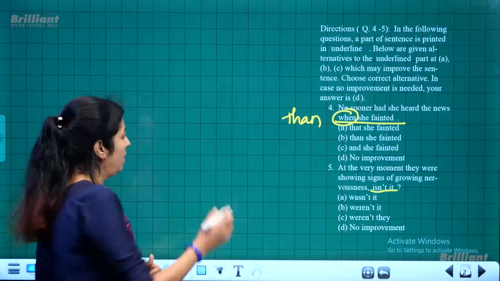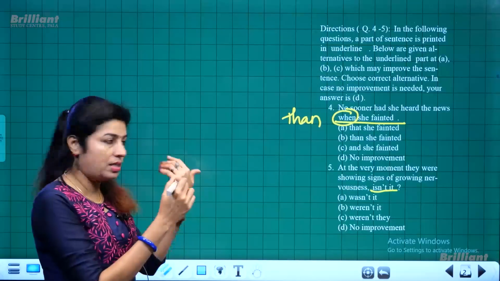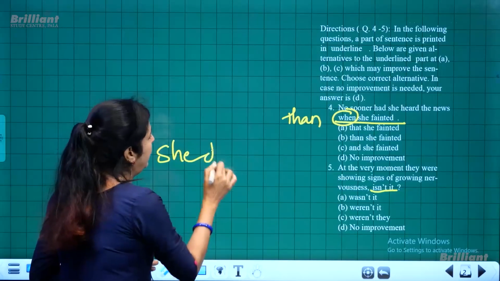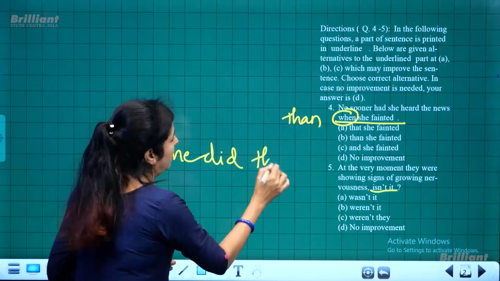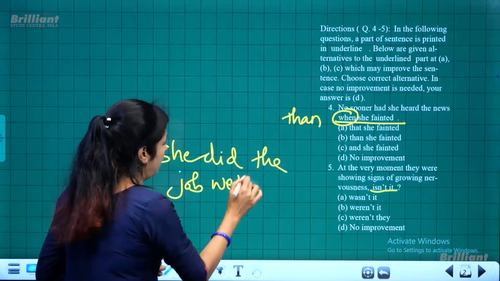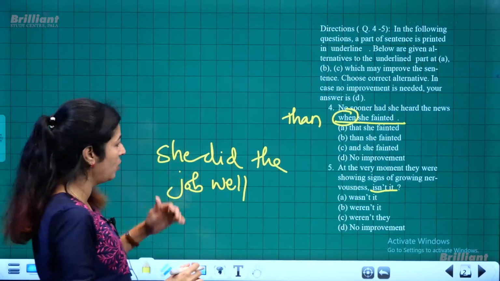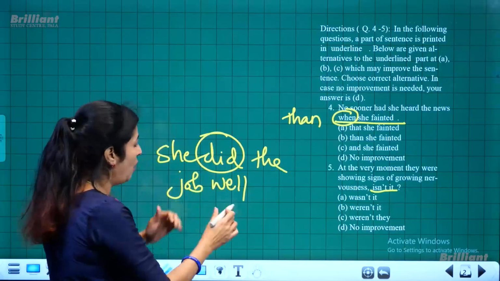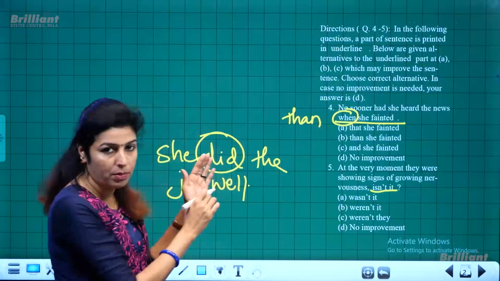For example, she did the job well. What is the tense of the verb there? She did the job well. With this you have to form a tag.